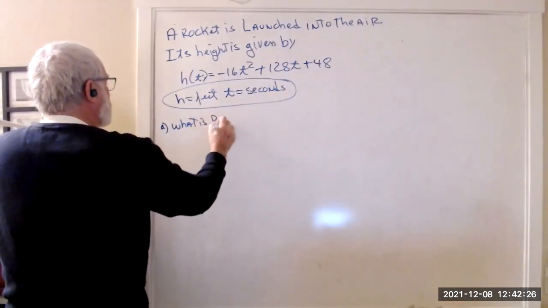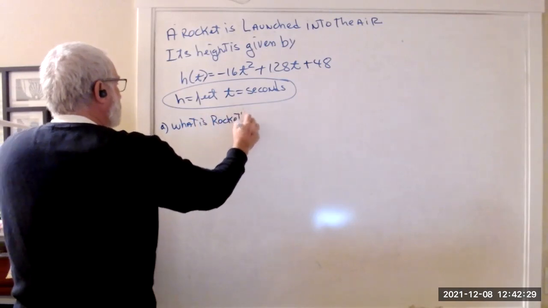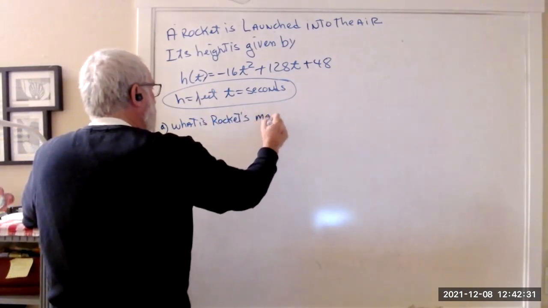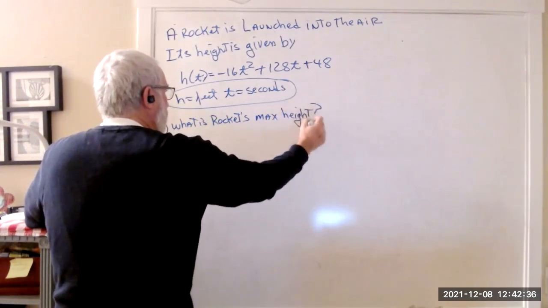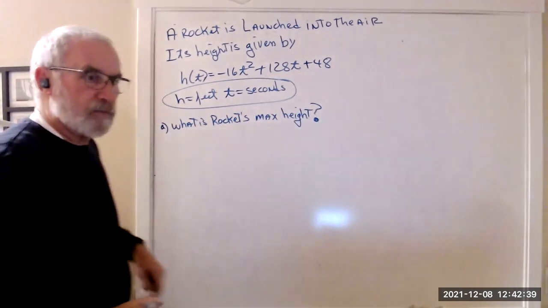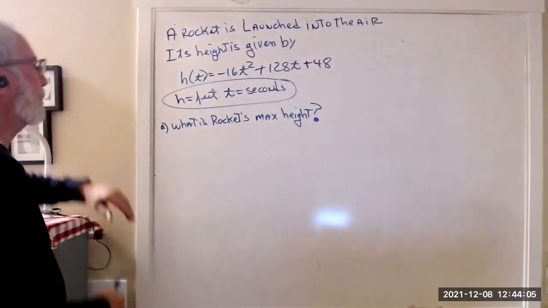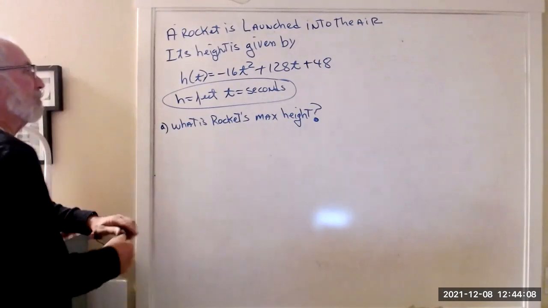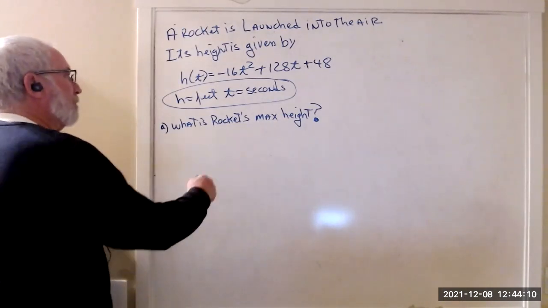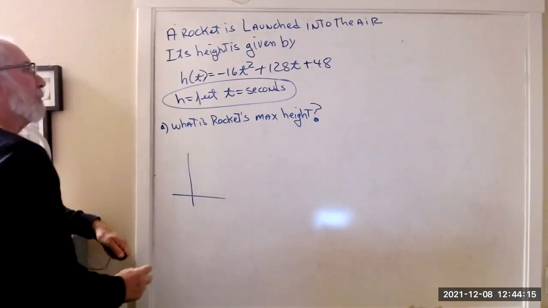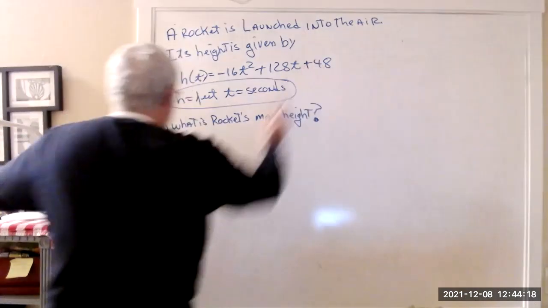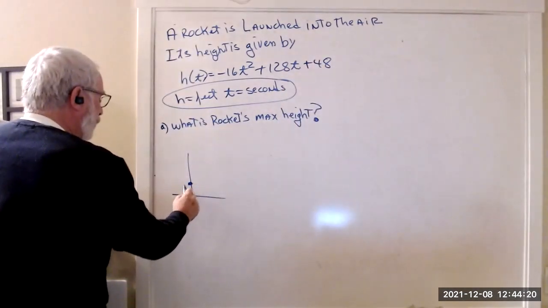Part A: what is the rocket's maximum height? I will pause while you think about that. If you don't know it by now, we need to help you. Think about this: we've talked a lot that 48 means that's where it's being launched from.